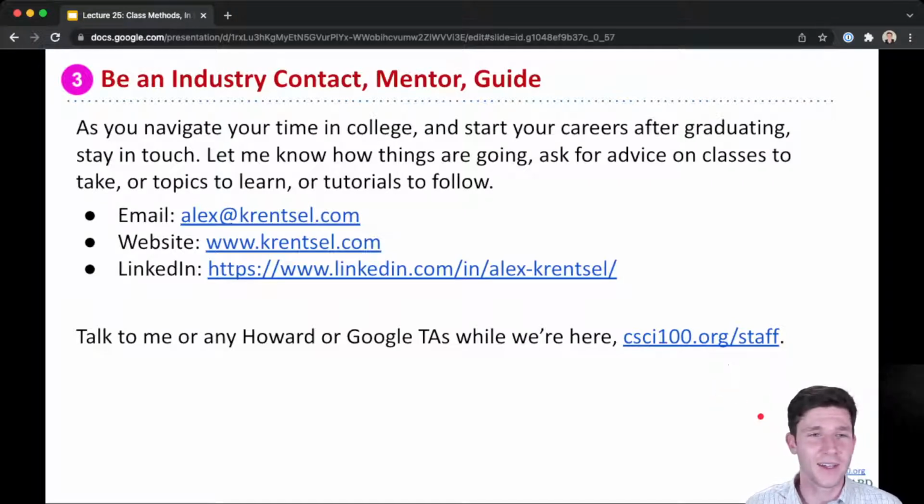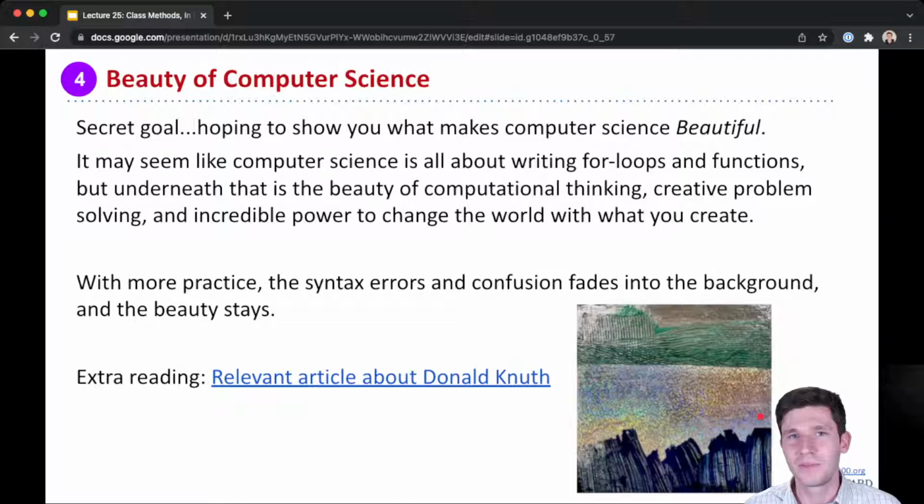The last thing is kind of a secret one. I didn't put it in the slides, but underneath all of it, I had the secret goal of hoping to show you what I think and what I see makes computer science beautiful. I know it can feel frustrating at first, and in the beginning, as you're writing for loops and you're running into syntax errors, and you're writing conditionals and you're being given these examples to solve.